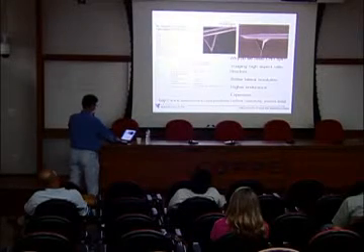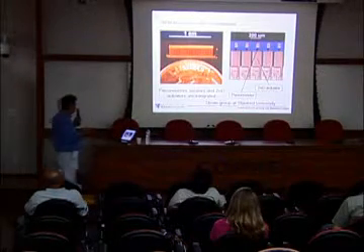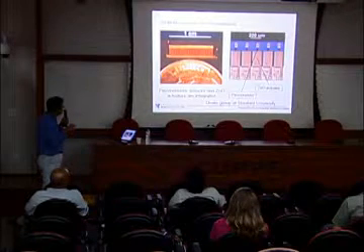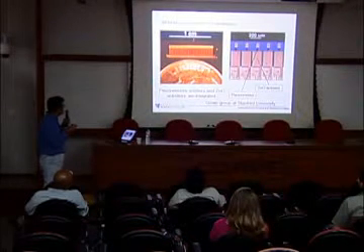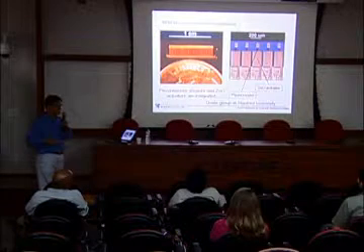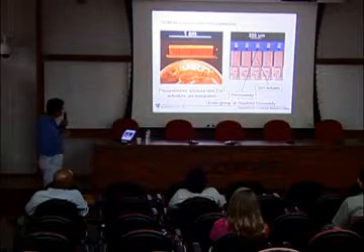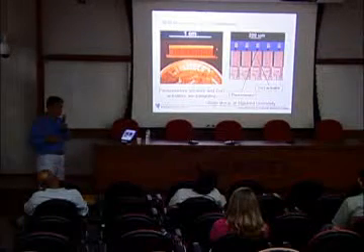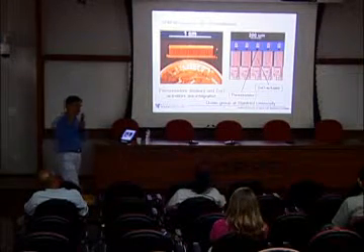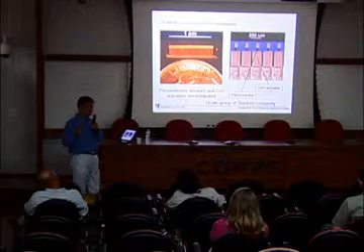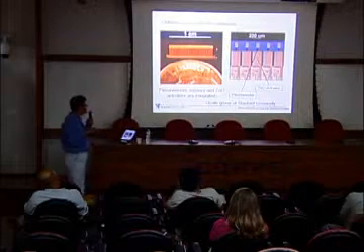Then if you see this structure, these individuals, they are cantilevers. What I mean is they have, for example, 100 cantilevers, then they can make 100 patterns at the same time. Okay? Basically, with one tip, we can make one pattern.